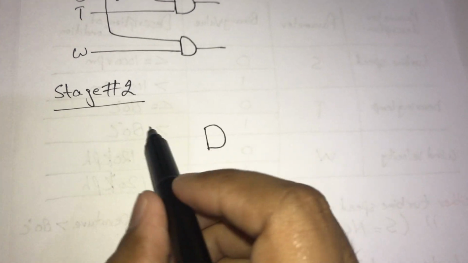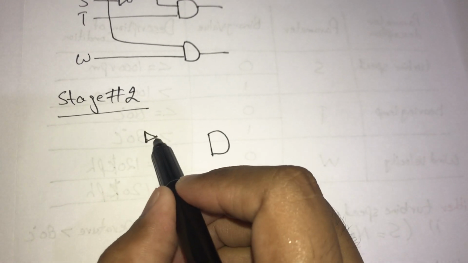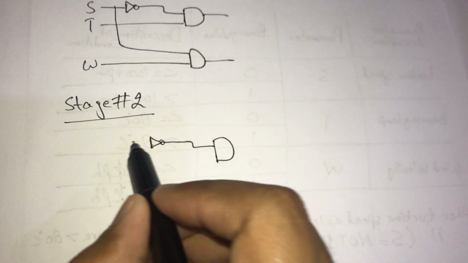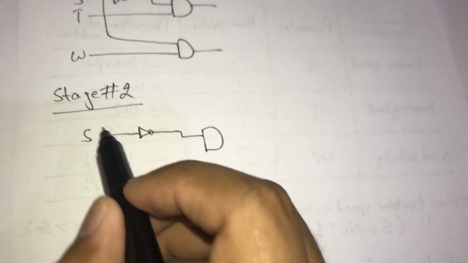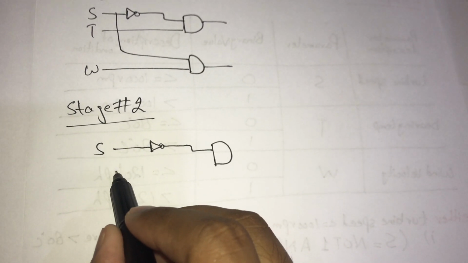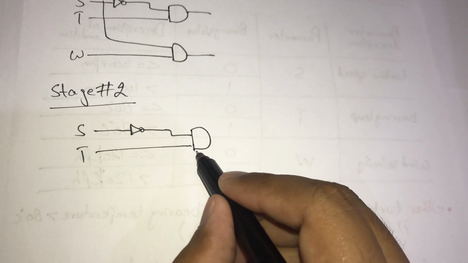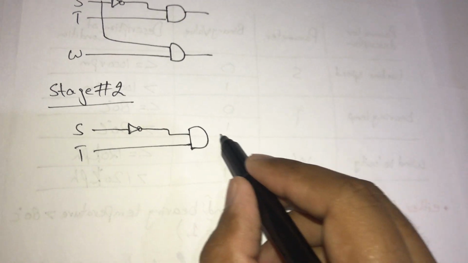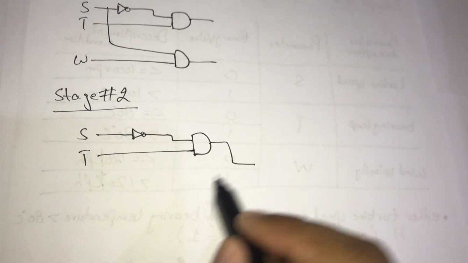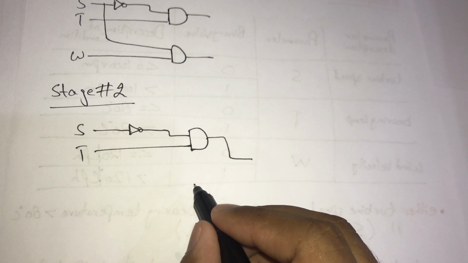AND gate over here, NOT gate for the input value of S. This will be the input value of T. Again another AND gate.